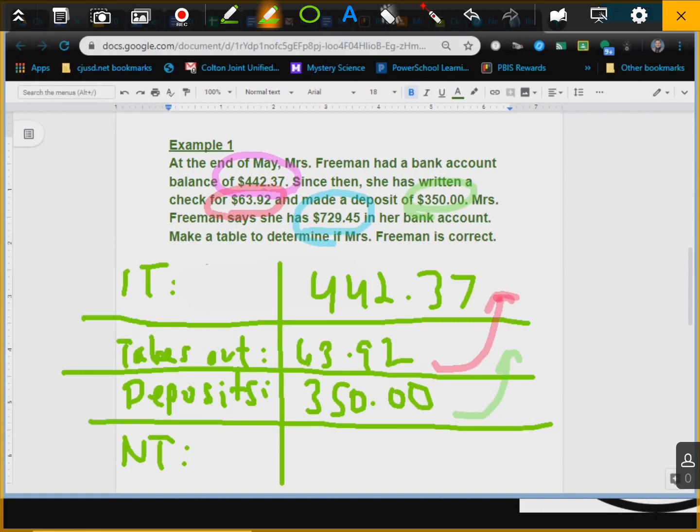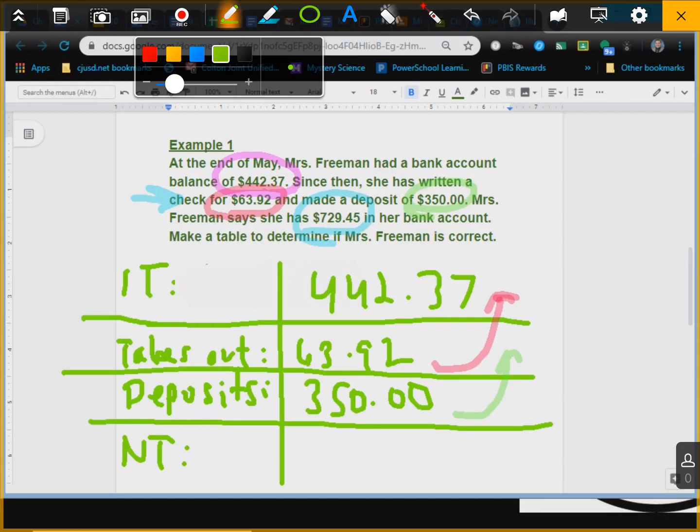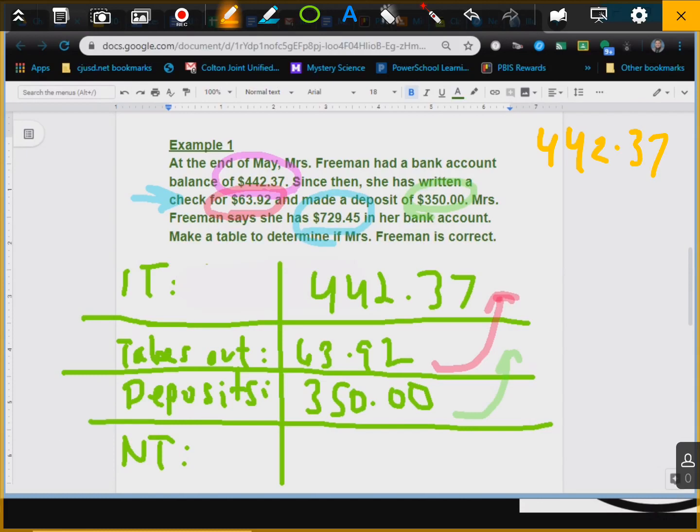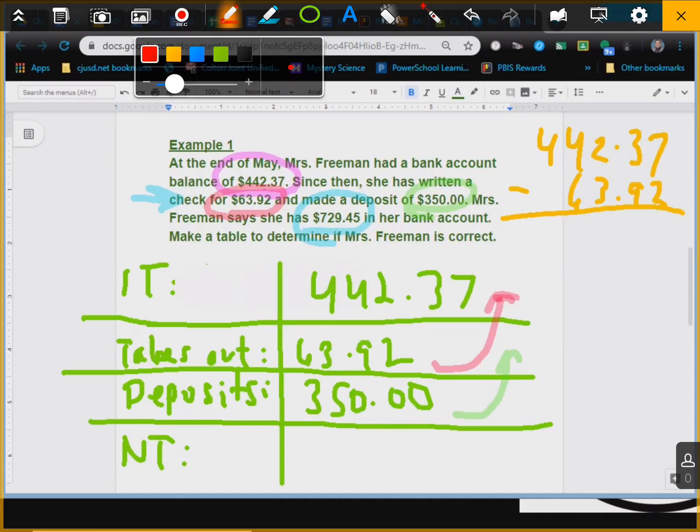So when I say take away, I mean take away the check that she wrote, which is right here, $63.92. So let's go ahead and write it down. She has $442.37, and she writes a check or takes away $63.92. Okay, so we're going to go ahead and solve this.